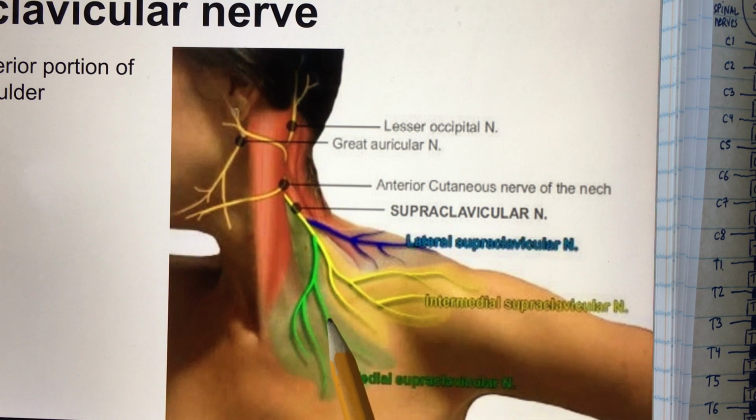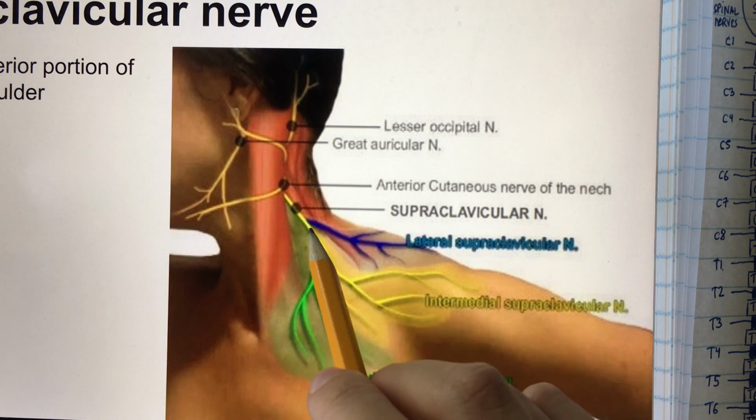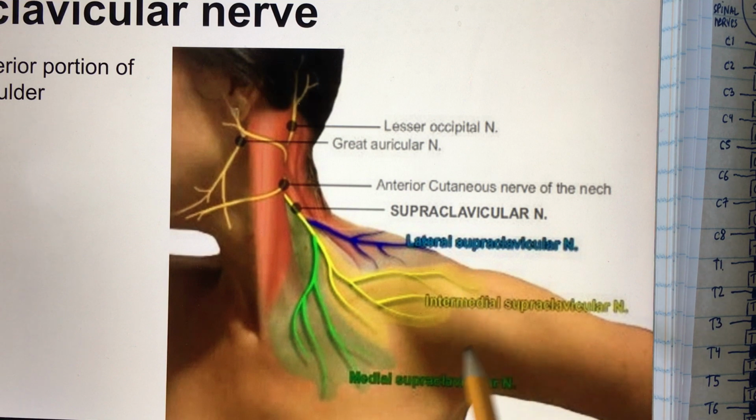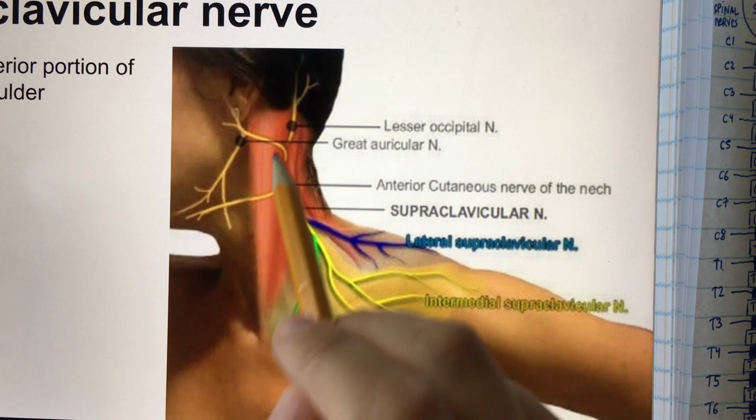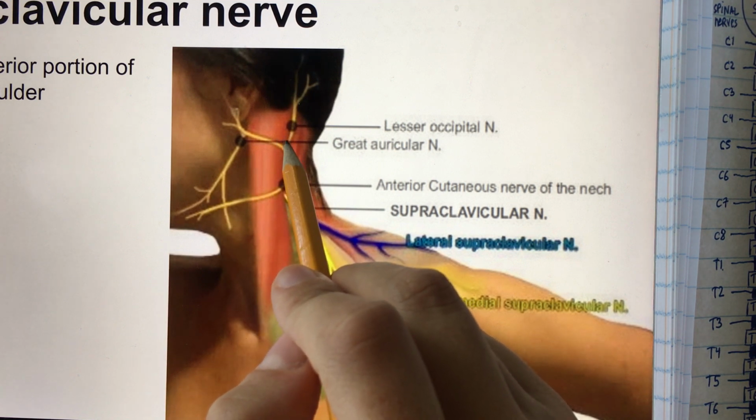So this is actually a sensory nerve mostly. So it's going to be skin on top of the shoulder and a little bit of the chest. So through this nerve, we're going to be receiving sensations from these areas, sensations such as touch, temperature, pain, and proprioception. Here's the lesser occipital nerve.